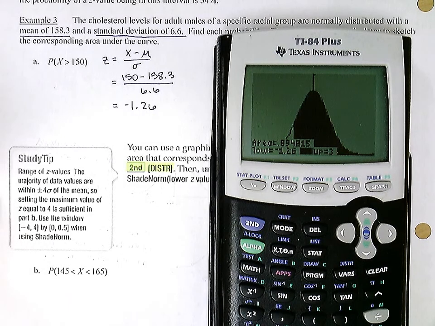Or go down to graph or draw. So make sure you can enter all of that. Go to draw.